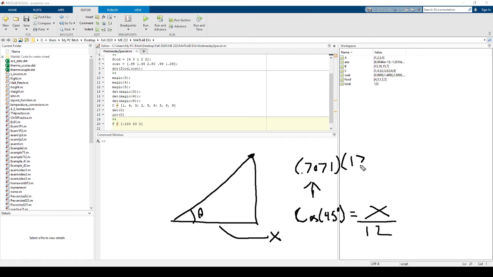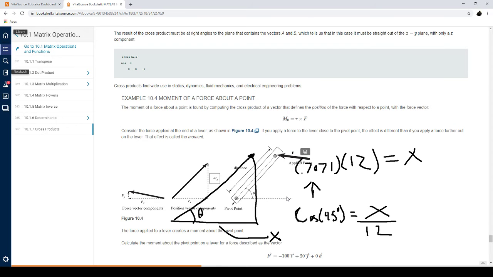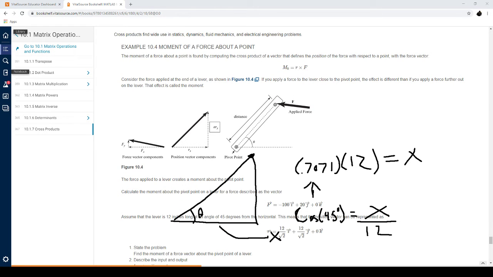And then you multiply it by 12, and that gets you x, the x direction, right? So this one is 12 times 0.7071. I got 8.48. Here in a second we'll take a look. If we go back to here, I'll get rid of this off the screen.